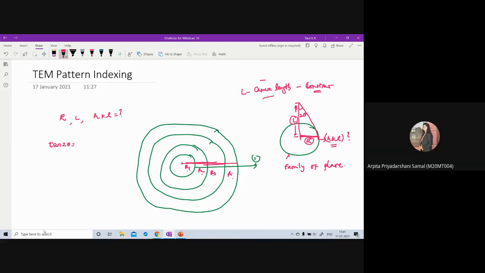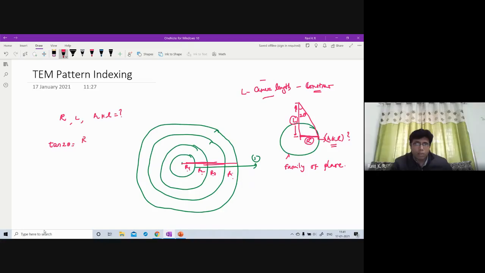R by L. Tan 2 theta is R by L. In TEM, as I said, compared to XRD, 2 theta is very small. Unlike in XRD, where we move so much of theta to get the diffraction, here only when you have planes which are parallel do you start getting a diffraction. But those are the places where 2 theta is very, very small.